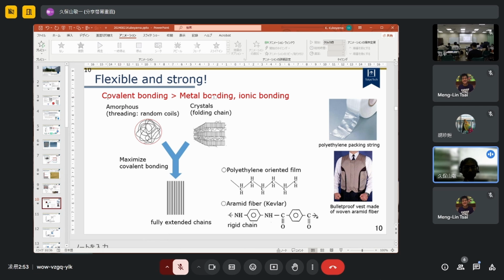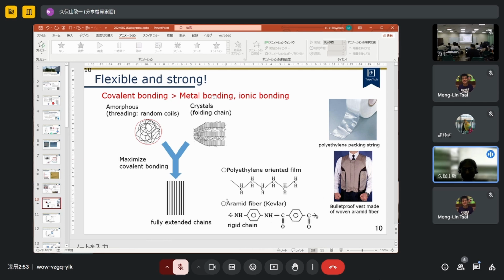Okay, and I told you that the molecular chain of the polymer consists of covalent bonding, and in general, the strength of covalent bonding is higher than metal bonding or ionic bonding. So if you make an ordered structure like this, you can get very strong properties.